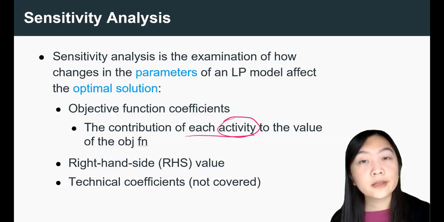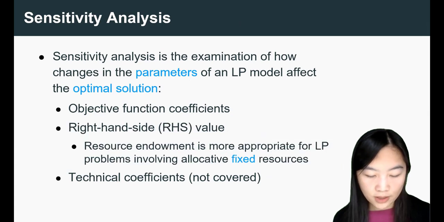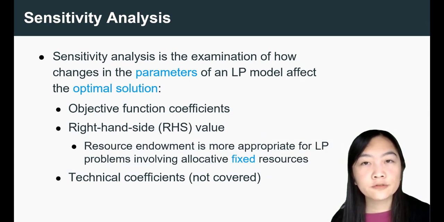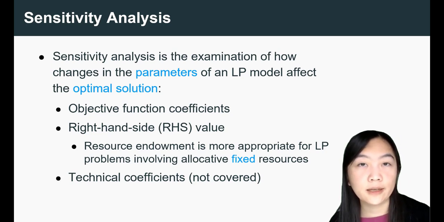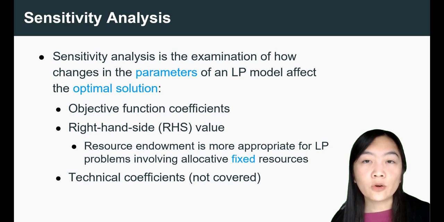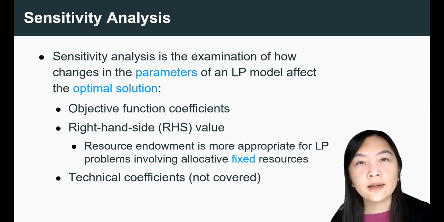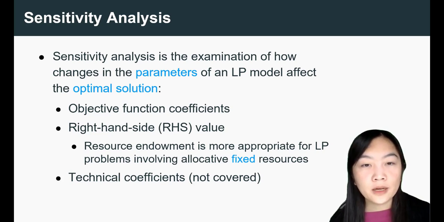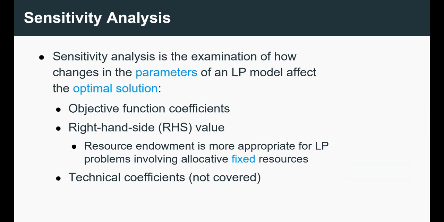That's the objective function coefficient, and what's the right-hand side value? Most of the time, the right-hand side value is just the endowment of the input that the producer owns, for example, the land that the producer owns, or the labor that the producer can hire or own. But sometimes it is not just the input the producer owns.